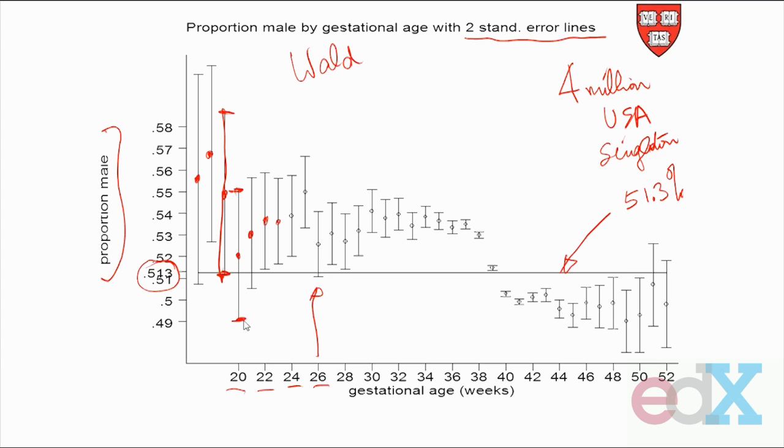Okay. Now, what are we seeing here? Well, the first thing we see is that when the intervals are very, very wide, that means you've got a small n, so that when the intervals are very tight, you've got a large n. So most of us are born roughly in this area here, where the n is very large, where the confidence intervals are very, very tight.